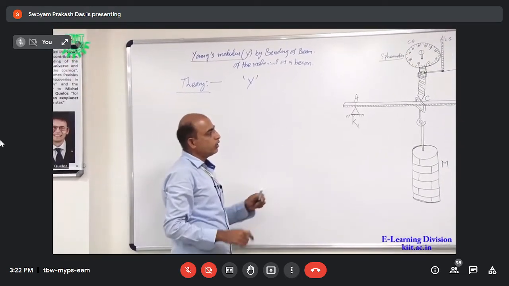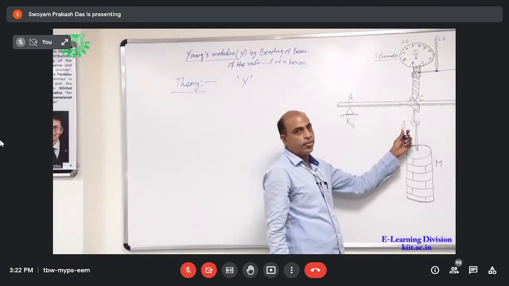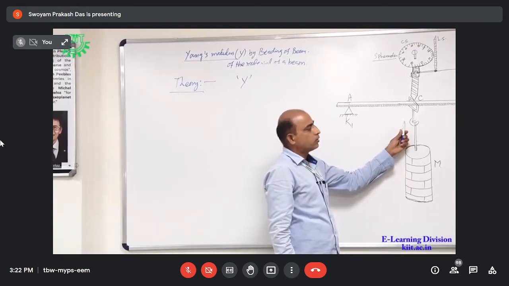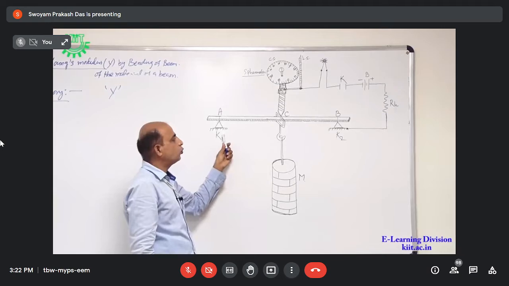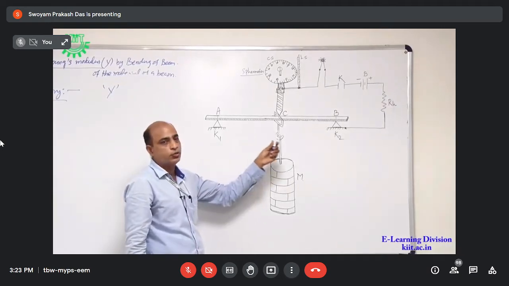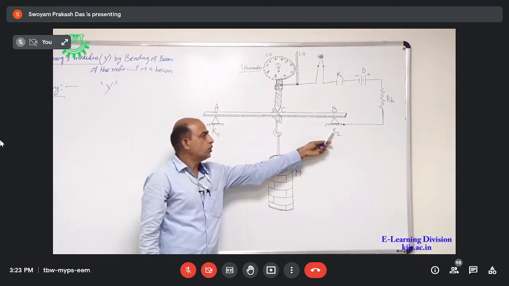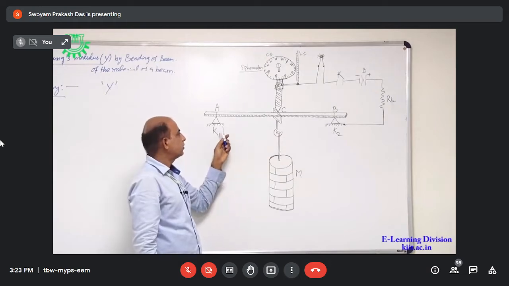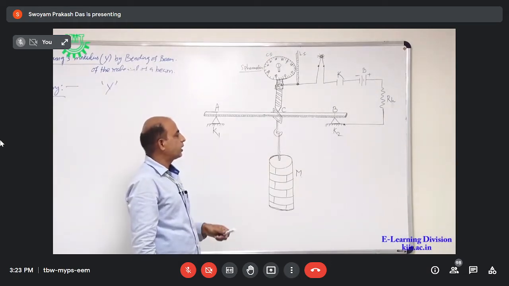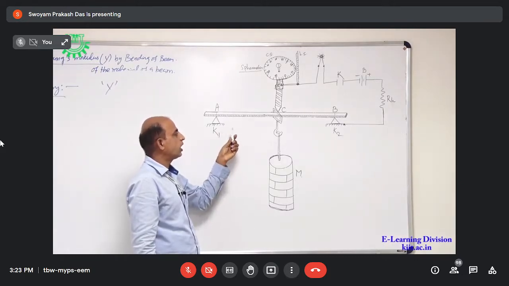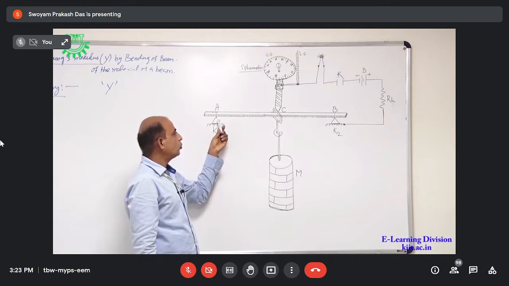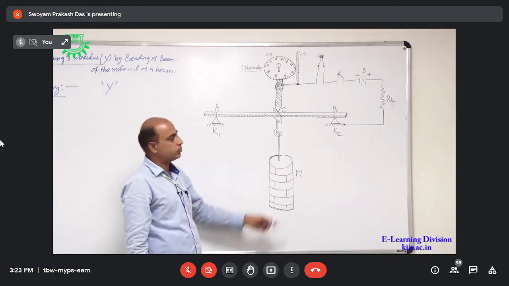So we can see here this beam, which is placed horizontally on two knife edges K1 and K2. These are the two knife edges, that is brackets, table brackets or horizontal platforms, over which this beam rests.